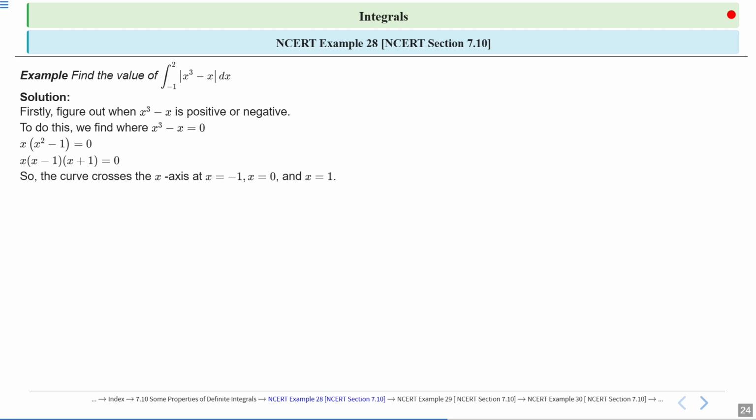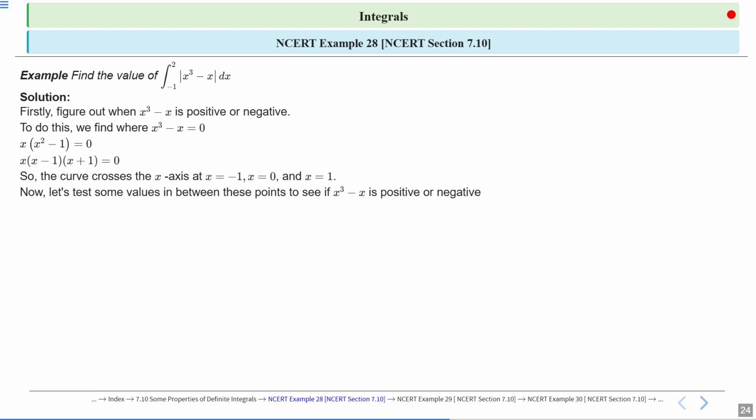So we get the curve crosses the x axis at x is equal to minus 1, x equal to 0 and x equal to 1. Wherever the curve crosses the x axis, that is x is equal to minus 1, x equal to 0 and x is equal to 1. So now let's take some values in between these points to see if x cube minus x is positive or negative.